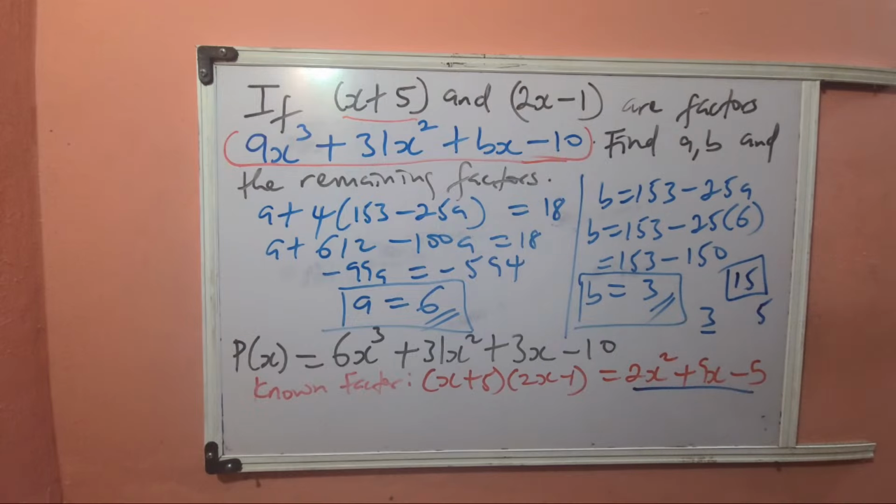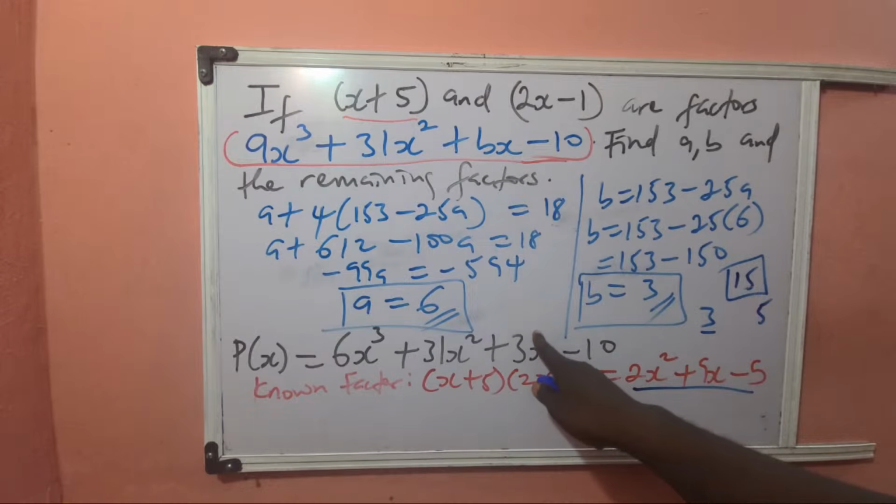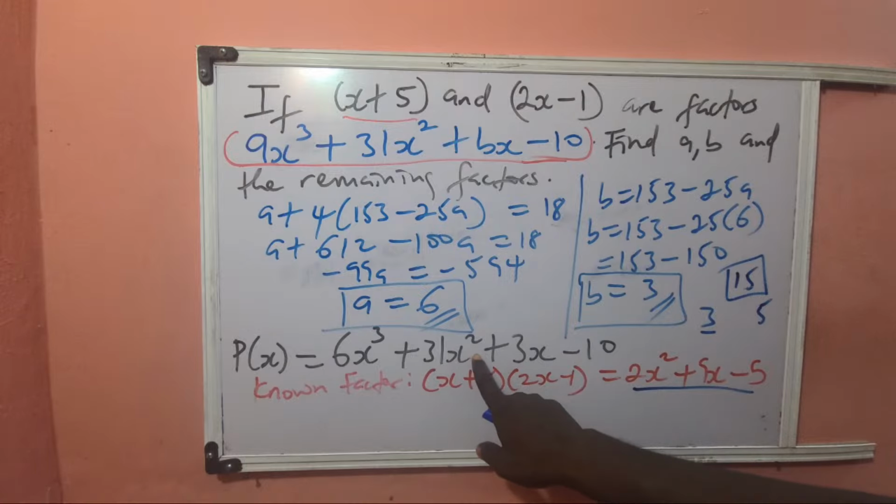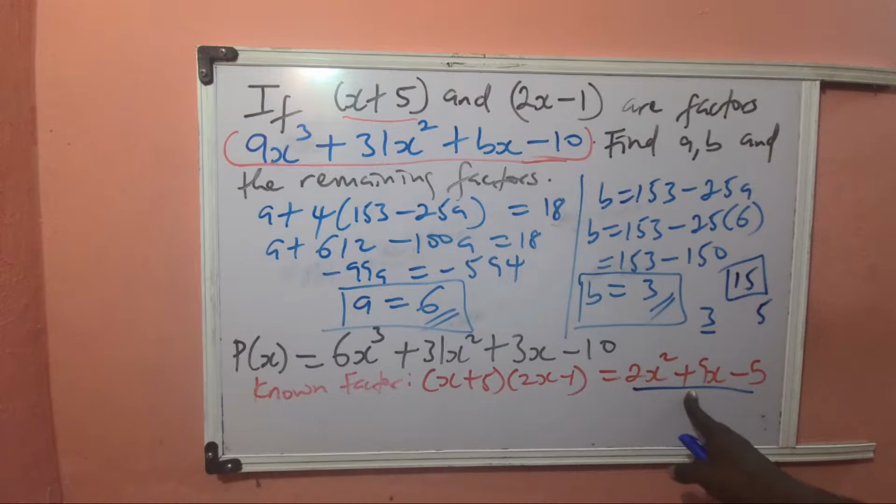I will get the other factor. So in this case also, if you told me that this is a polynomial and this is one of the factors, that means this divided by this will give me the other factors. It's quite simple. So you can go through that method using the division method, that means this divided by this to give you your other factors.